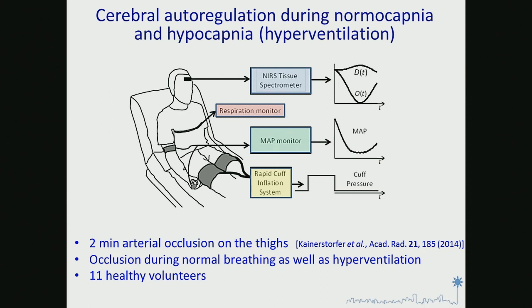Here there is the 2-minute inflation of the cuff pressure, fast release, the resulting transient decrease in mean arterial pressure, and the measured oxy- and deoxyhemoglobin concentration changes. We did measurements during normal breathing, normocapnia, and during hyperventilation, which induces hypocapnia. And it is well known that hypocapnia increases the effectiveness of autoregulation.